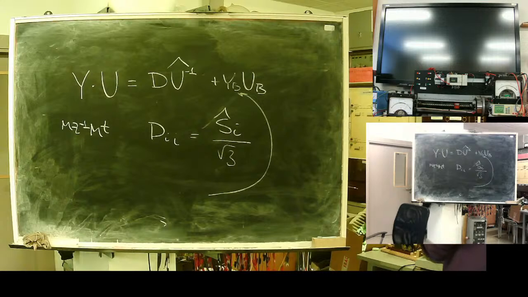Someone needs to take care of voltage at the high voltage side. A power plant equipped with a voltage control system will be your slack bus.